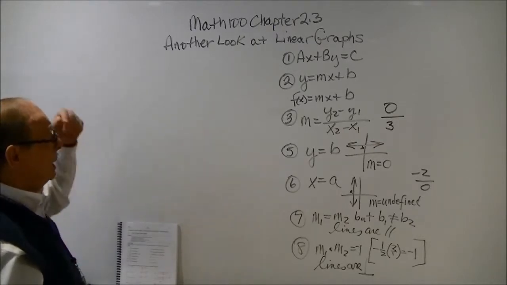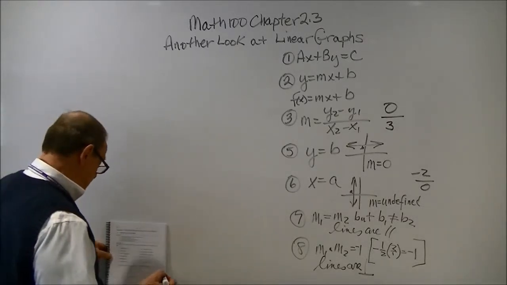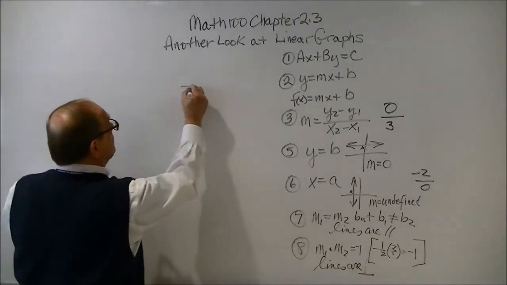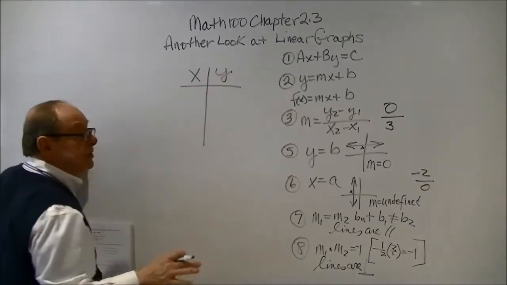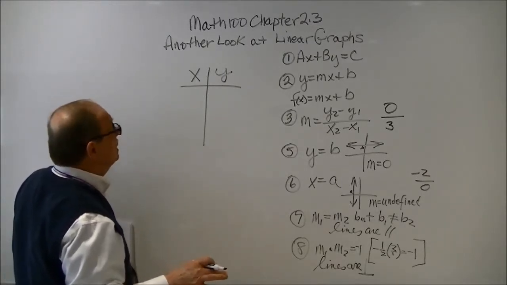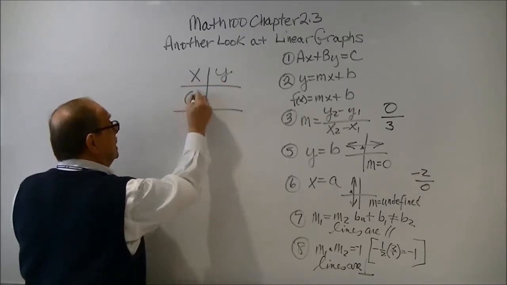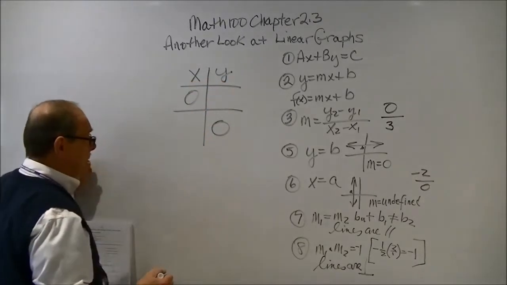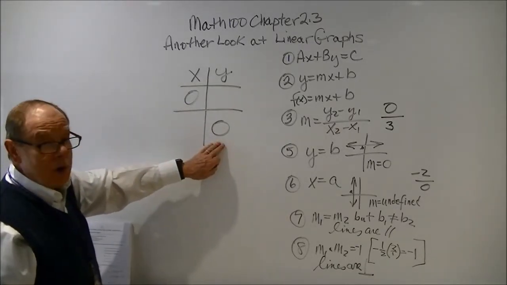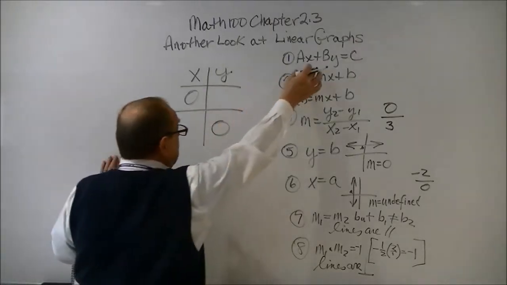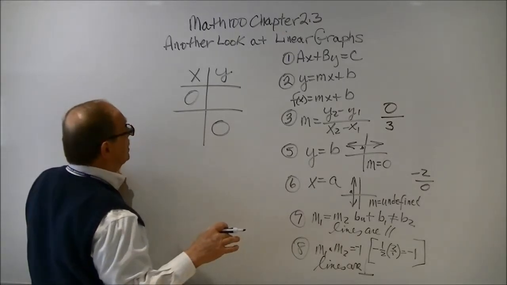Another thing we'll be looking at in this section is something I gave in a previous lesson, and I'll just review it here. We said there was a special T-chart that's very useful. I call this T-chart the X and Y intercept T-chart. If you make a T-chart, put a 0 there for x and a 0 there for y, and it's in standard form, it's very easy to use, and I'll show you one of those later.